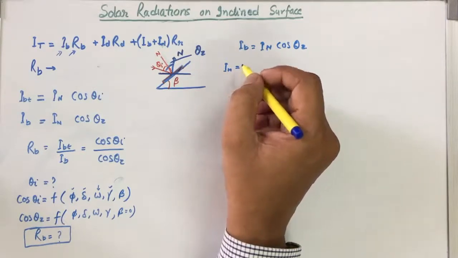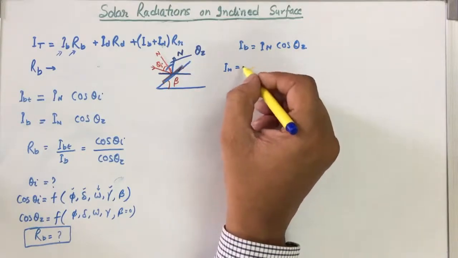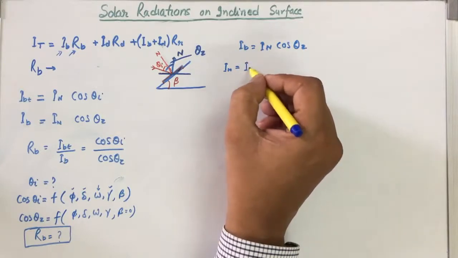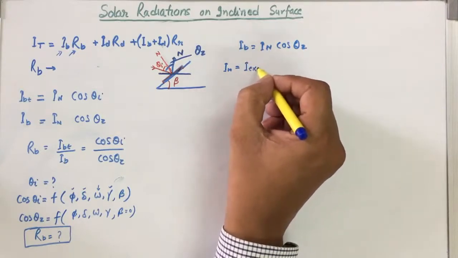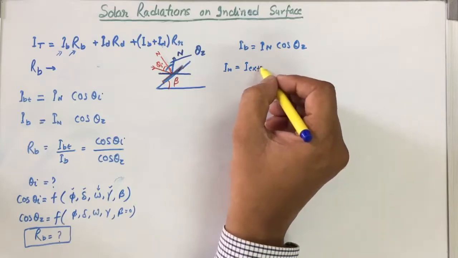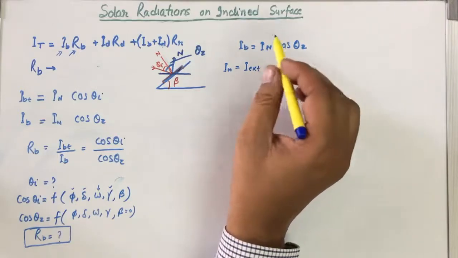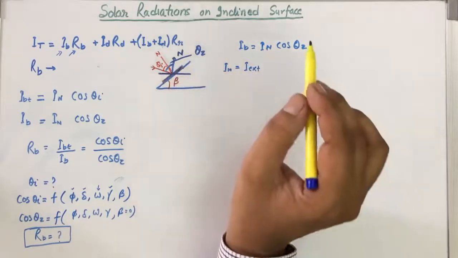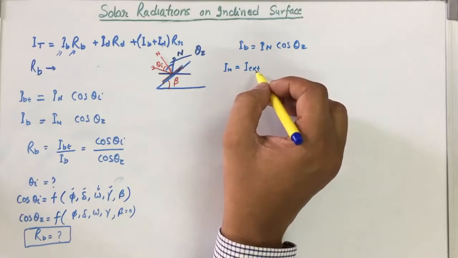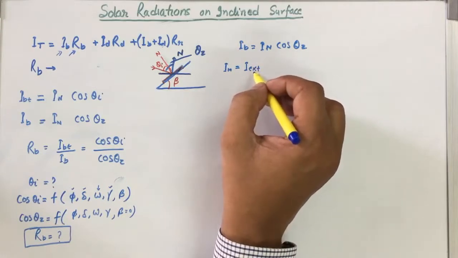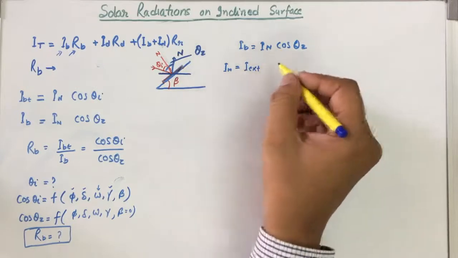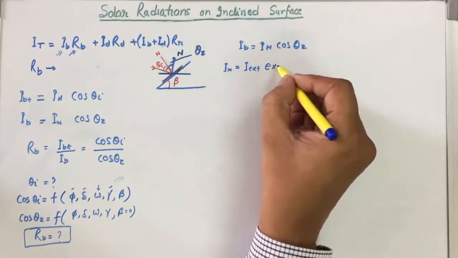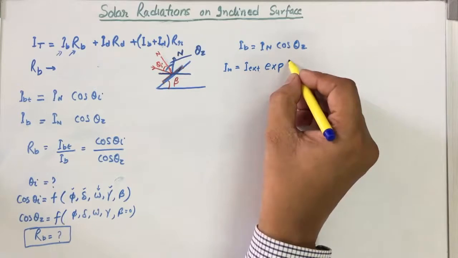provided to us in the beginning. IN will be the intensity in the extraterrestrial region, means intensity which is coming normally to the plate collector, will be equal to the intensity at the extraterrestrial region multiplied with an exponent.